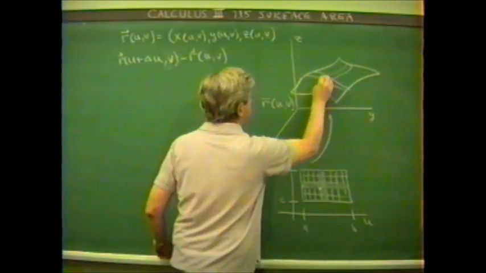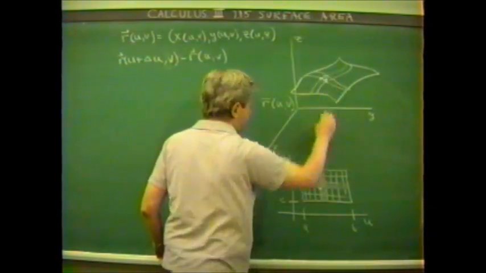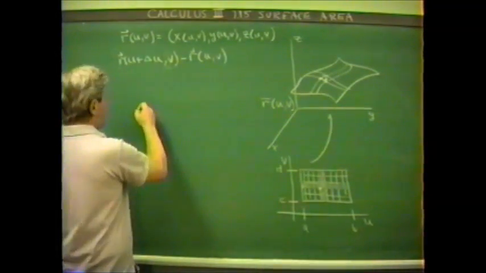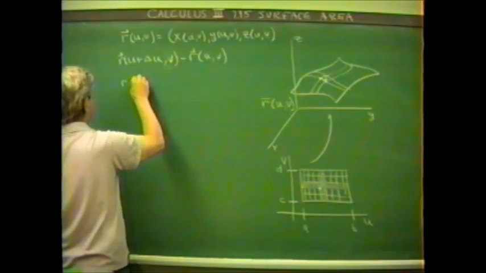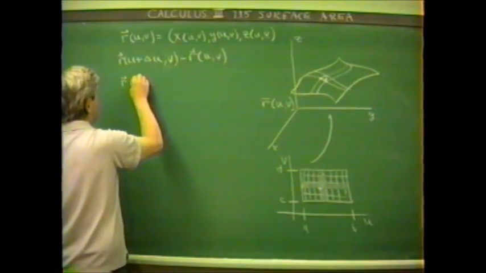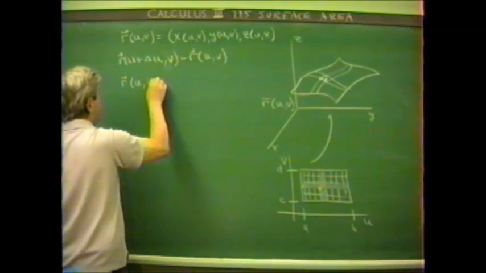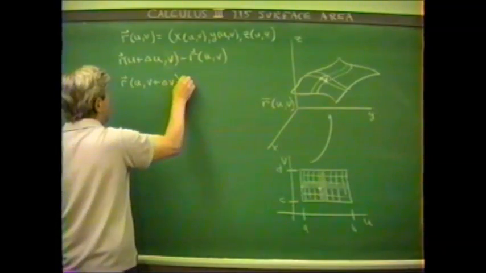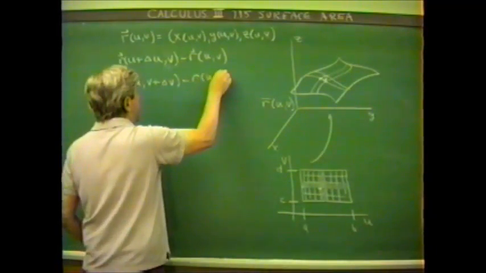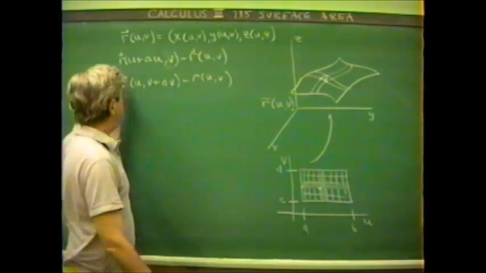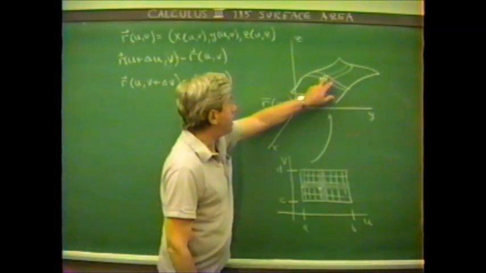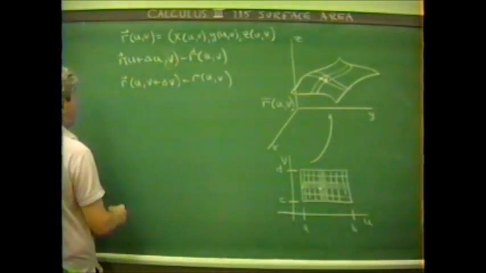That's going to be this vector here, for example. Then consider the other vector, which is going to be r of u and v plus delta v minus r of u and v. Right? What we'd like to do is take the cross product, take the magnitude of it, and say that's approximately the area, but we're not going to quite do that.